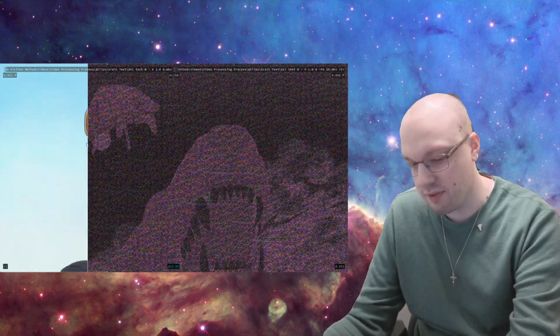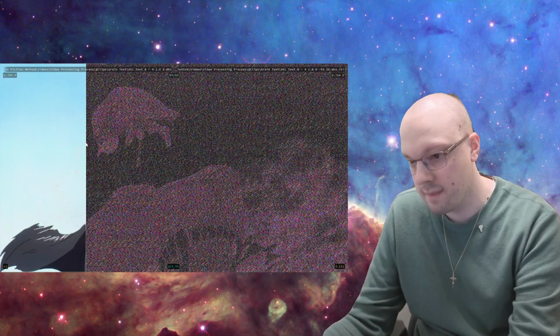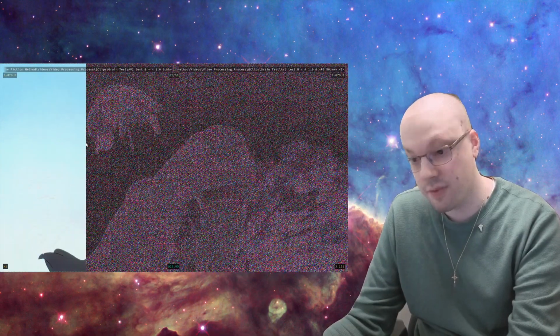And you can even see it flickering a little bit, which is actually kind of interesting. Because yes, film grain can flicker from one frame to the next.